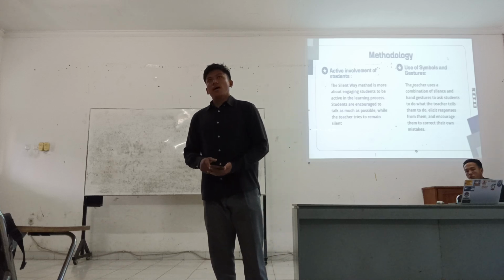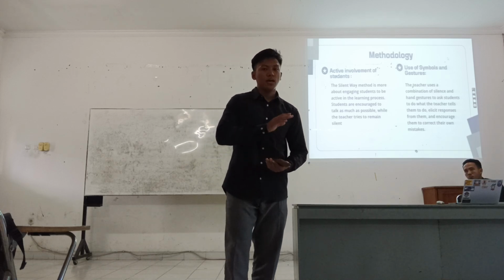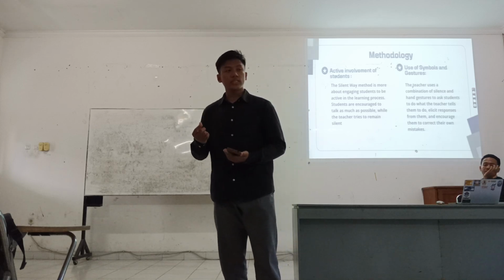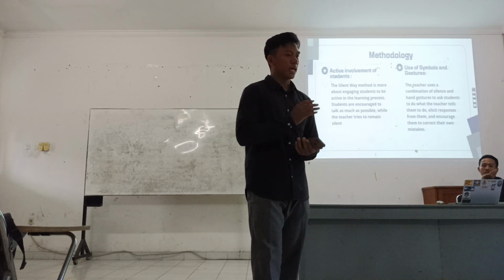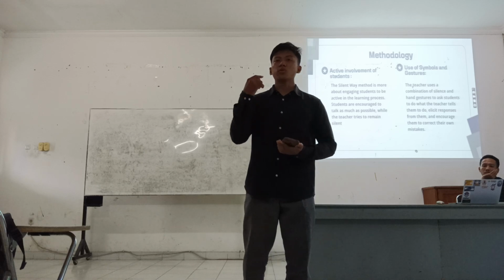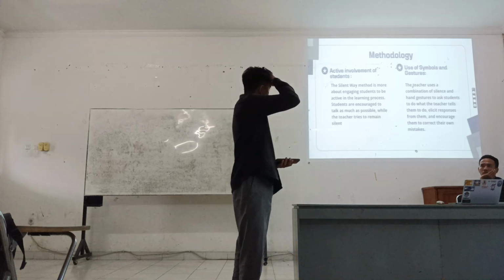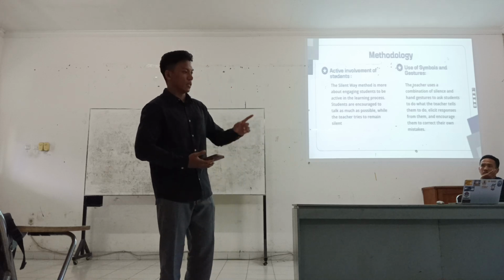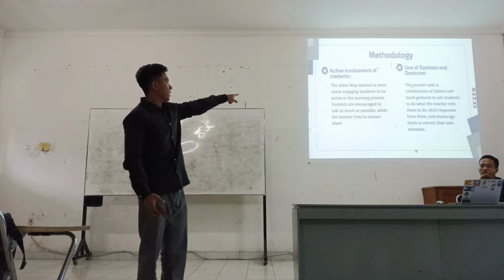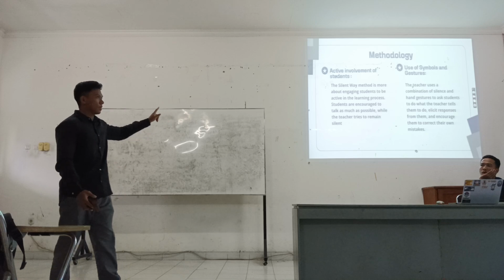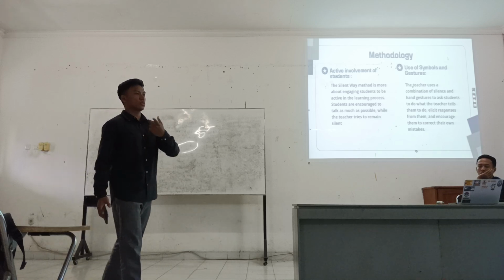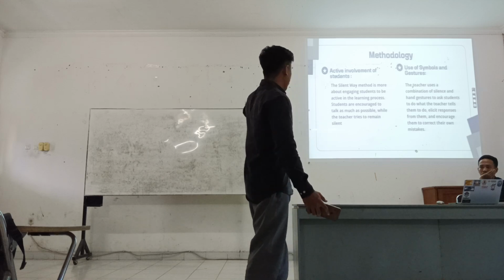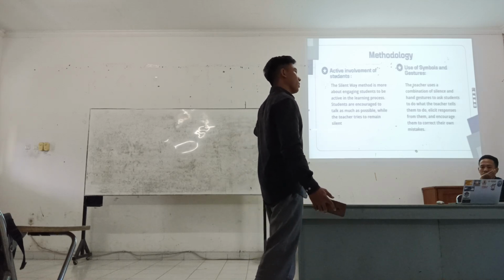So maybe all of you will have a question: if the teacher is silent, how does the teacher teach the students? The teacher will use symbols and gestures. The teacher will point, for example at the whiteboard, to give the students an order to make a sentence about these things.